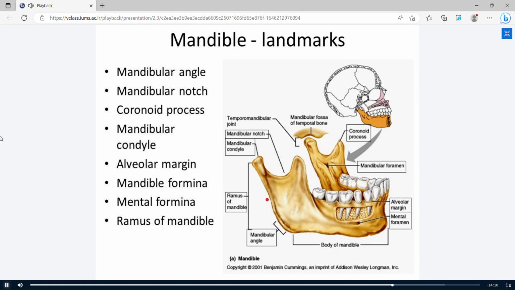And the last bone for today is the mandible. The mandible forms the lower jaw as a single bone and is the only mobile bone in the skull, and it has a body and ramus, two rami and a body.